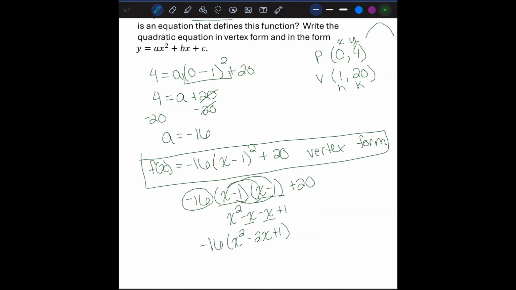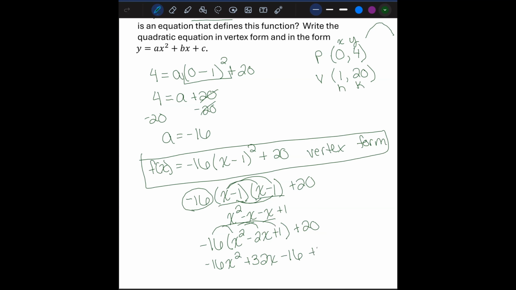So now I multiplied the x minus 1 times the x minus 1. So now I have negative 16 out front and the plus 20 at the back. Now I need to distribute the negative 16. So I have negative 16x squared. Negative 16 times negative 2x is positive 32x. And negative 16 times 1 is negative 16.